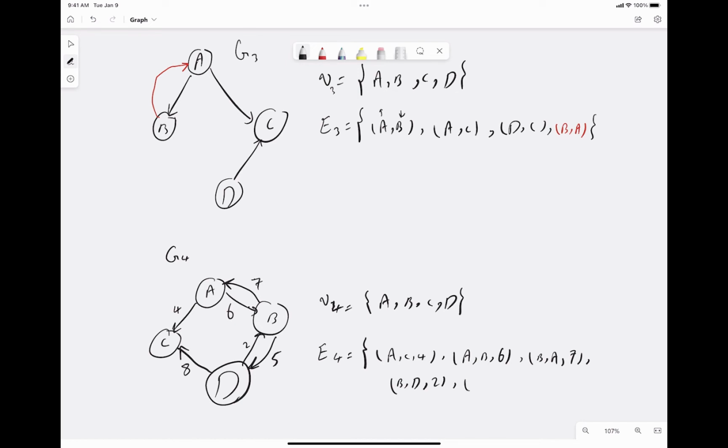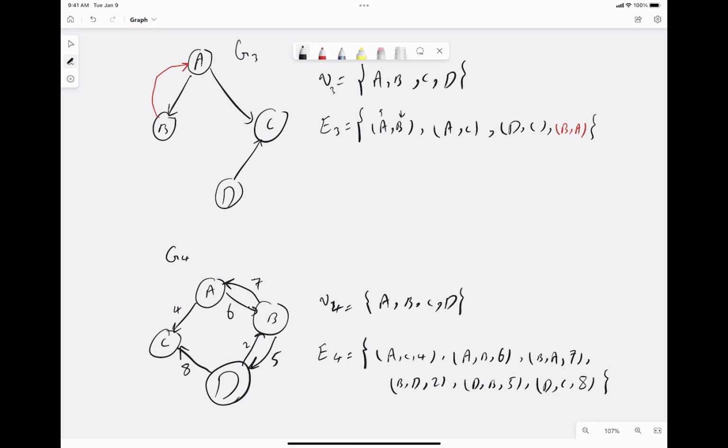There is one from D to B with the weight of 5, and one from D to C with the weight of 8. So this weight can be a cost, or it can be a benefit. Depending on what we are defining for these weights, we can use either positive numbers or maybe negative numbers.